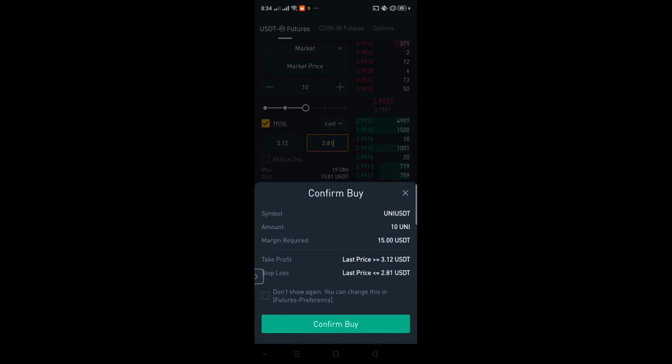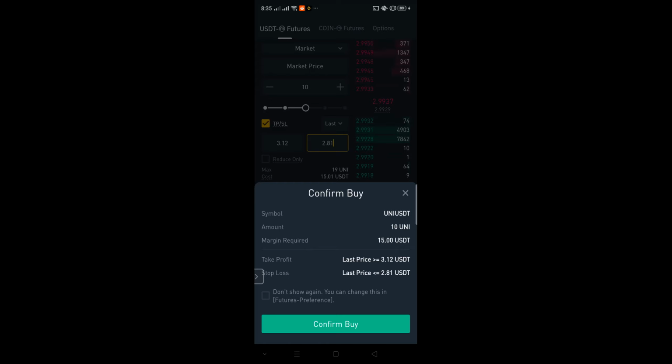So you look at the amount you want to use to trade. It gives you the amount of uni. Margin required means the amount you are using to trade at the moment now. That's the amount you allocate for this trade. If anything is going to happen to this trade in negative, I cannot lose more than $15.